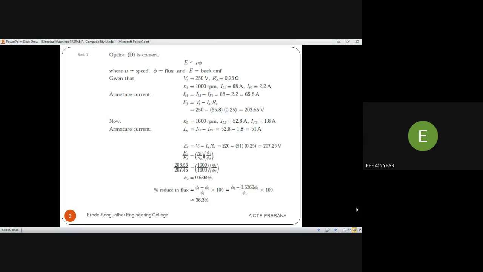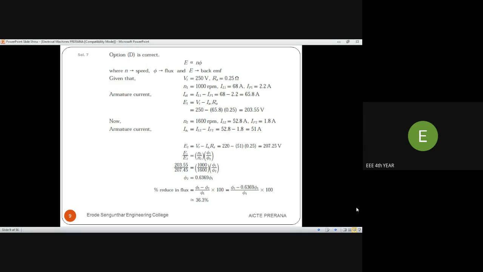How it is possible means you have to solve this problem. We know that E is directly proportional to N into phi. Here this is a shunt motor, back EMF E is directly proportional to N into phi. So N equal to E back EMF divided by flux.